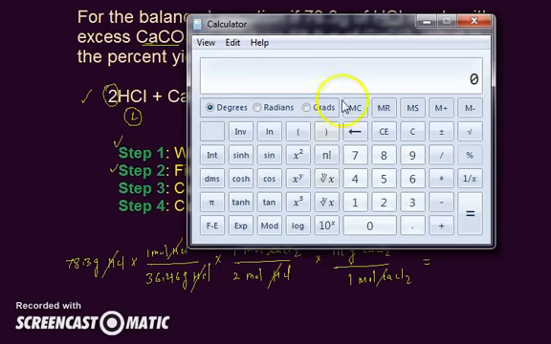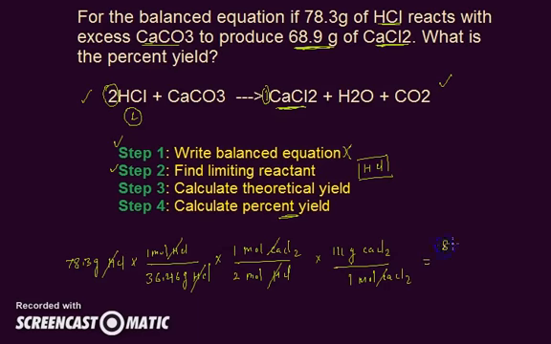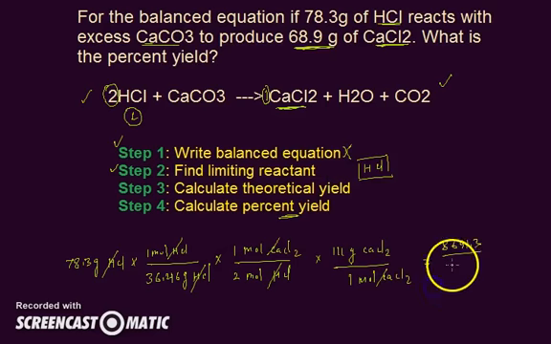We use the calculator. In the top we have 78.3, multiplied by 111, and this is the value we get, 8,691.3. In the bottom the numbers we have are 36.46, multiplied by 2, and this is the value we get, 72.92.